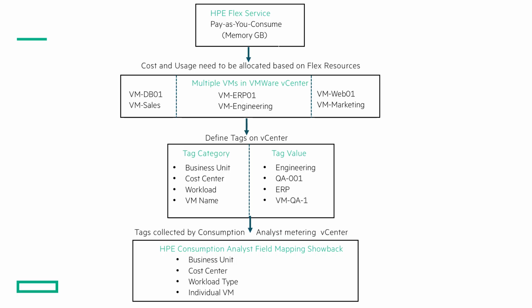These tags are then captured and propagated into HPE Consumption Analytics through the Flex metering scripts, allowing us to group usage and cost correctly. With these tags in place, Consumption Analytics can deliver precise showback reporting across department workloads and applications.